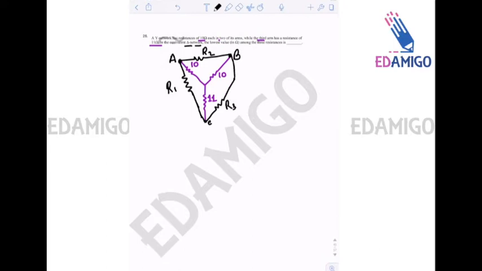Okay, now as we know that R1 will be equal to 10 plus 11 plus 10 into 11 divided by 10, because as we have already seen the formulas of converting from star to delta and delta to star, we can easily find the value of R1.